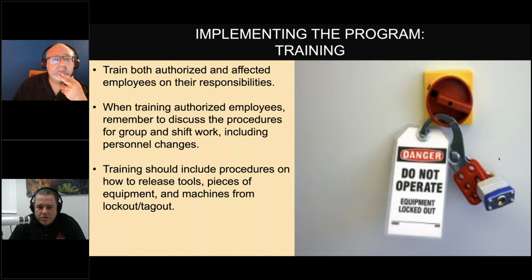So when it comes to the affected, like we said before, we want to make sure that the affected employee understands what the lockout tagout process is and how it affects them in their work environment. And that could be different depending on the work environment, but you really want to make sure that they understand what the lockout tagout program is and what it looks like and how it will affect their daily tasks, their jobs.